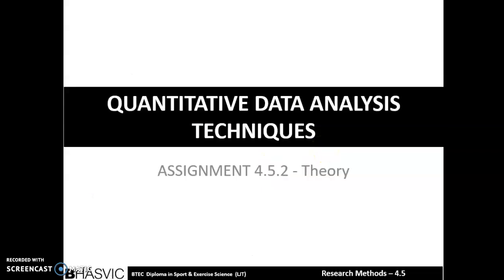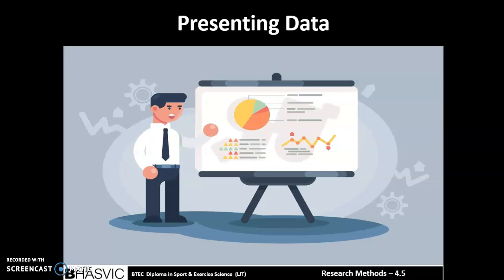So moving on to presenting data. Presenting data is an important part of your quantitative data analysis study, because without presenting it in the correct way, it can be misinterpreted if it's not clear enough. You could choose the wrong graphs, and it just doesn't make sense.